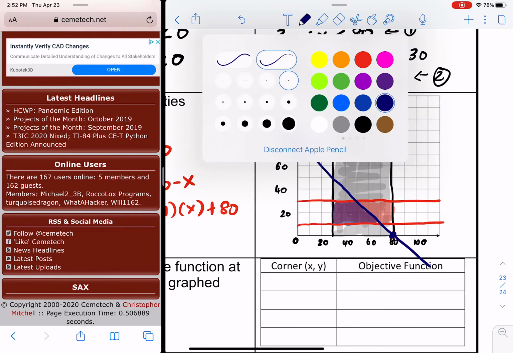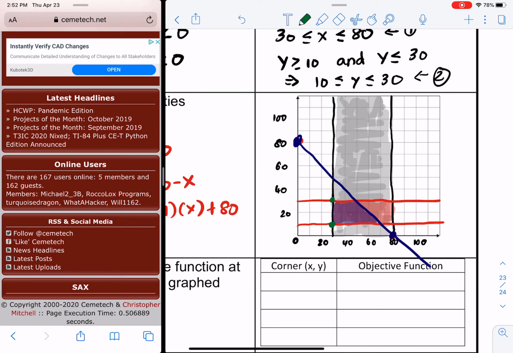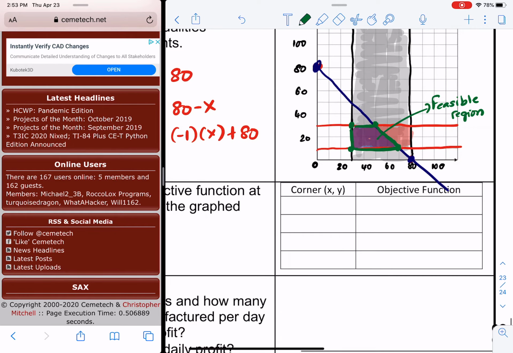So the corner points are those four, and the feasible region is that. The first corner point right over there is 20, 10. The corner point over there is 20, 30. The corner point here would be 50, 30.